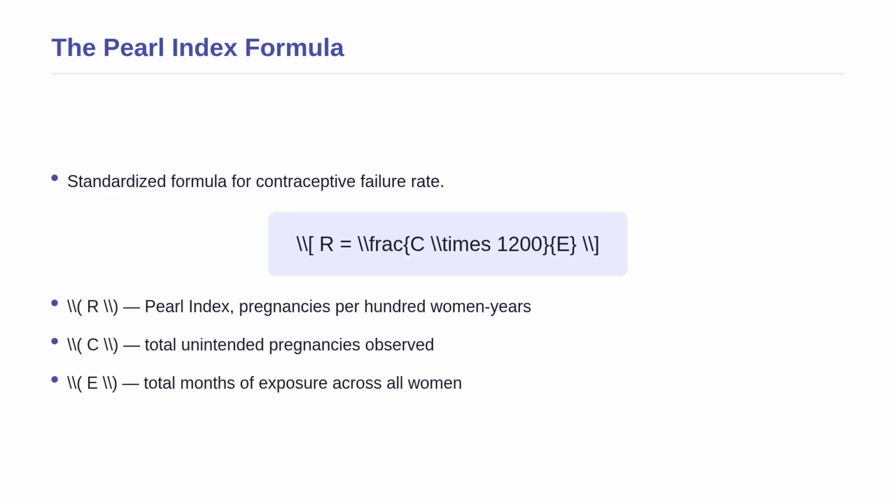The number 1,200 is a constant scaling factor, representing 12 months multiplied by 100 women. Finally, E represents the total months of exposure. If the number of pregnancies, C, increases, the Pearl Index, R, increases, meaning the method is less effective. Conversely, a higher exposure time, E, lowers the index.